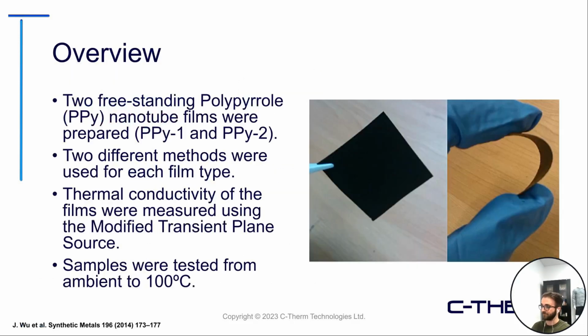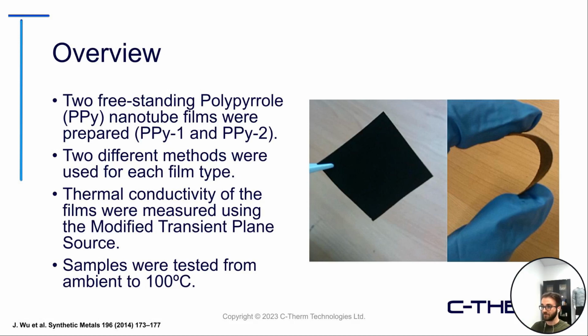As an overview, they produced two different freestanding PPY films. These are formed from various nanotubes being deposited in a manner that they form these sheets or films. They used two different methods, and not going too deep into the chemistry here, essentially two different versions of the film from the same precursor material were investigated.